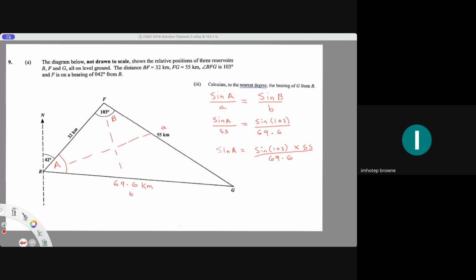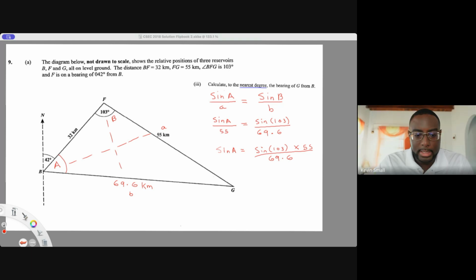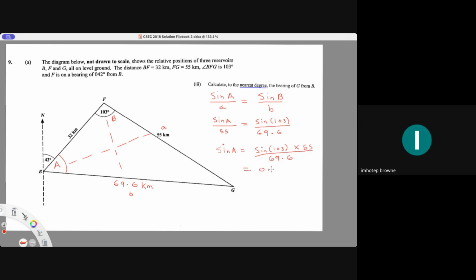I'm getting 0.77. Give me 4 decimal places if you can, because the more decimal places at this stage, the more accurate the answer in the next step. It's 0.7699.